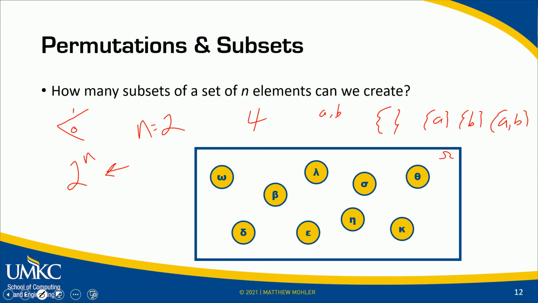So we have shown here that there are 1, 2, 3, and then 4 possible subsets for a set of 2 elements, which again just shows that our 2 to the n hypothesis works in the case of 2 elements, and it works in the case of more than 2 elements as well.